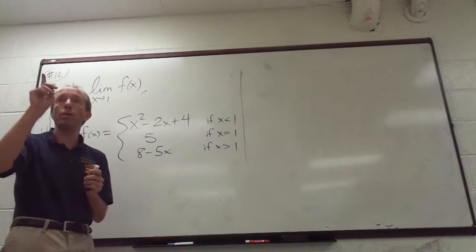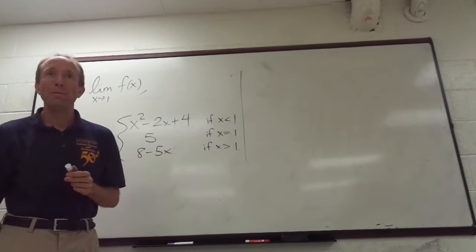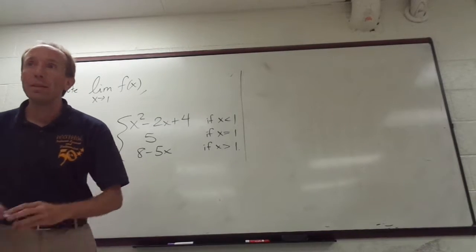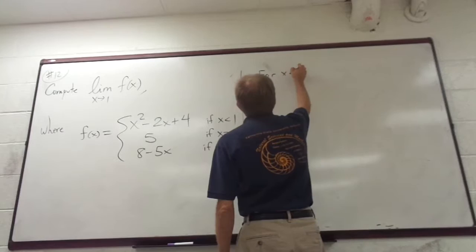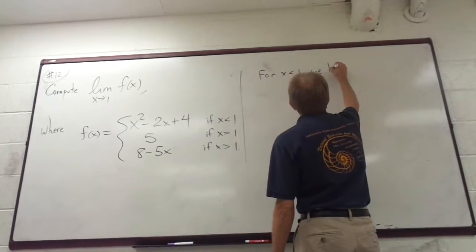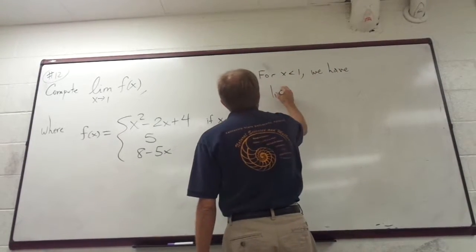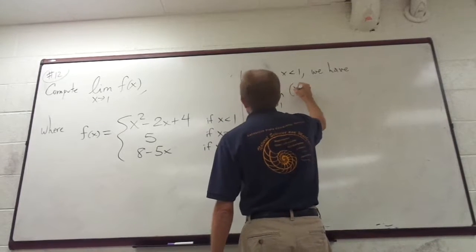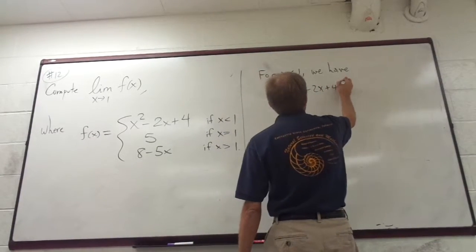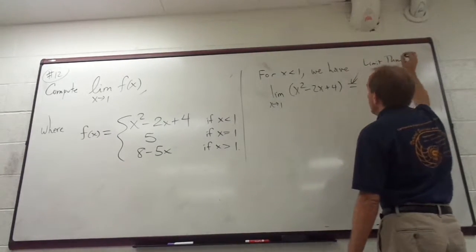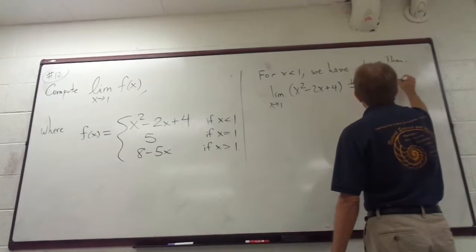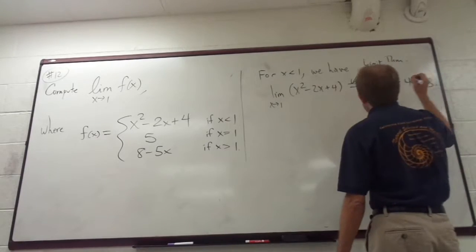Okay, I'm going to write down a proposed proof. You guys tell me if you like it. So, for x less than 1, we have the limit as x goes to 1 of x squared minus 2x plus 4, and by the limit theorems, this gives me 1 squared minus 2 times 1 plus 4, which is 3.